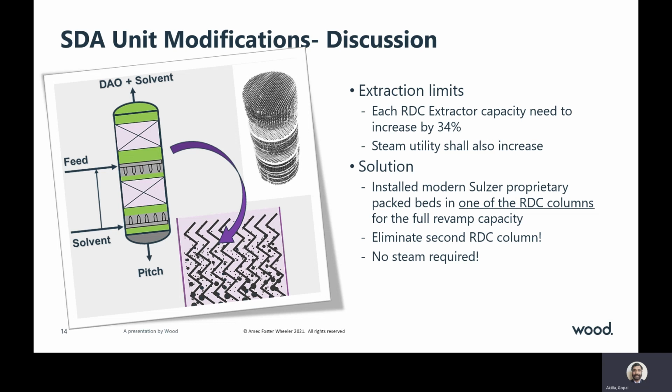Eliminate the second RDC column. No steam required. So these were the benefits of changing the internals in one of the RDC columns to packed beds. You can see two packed beds shown in this figure.